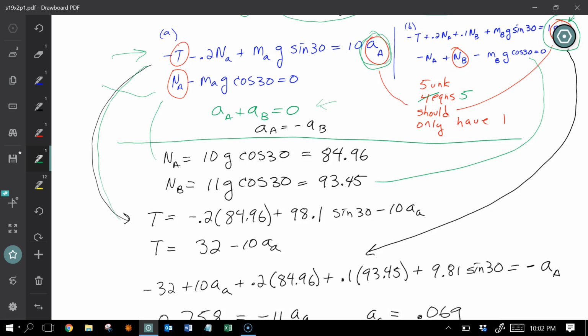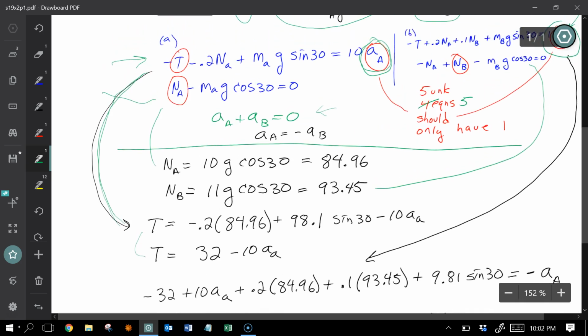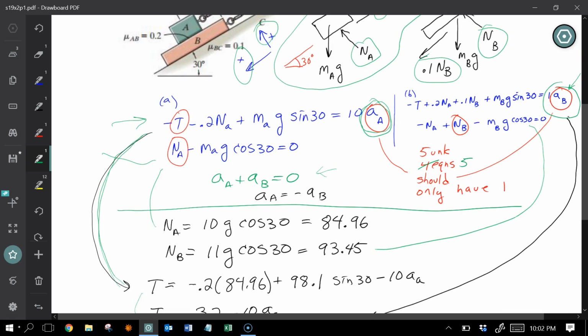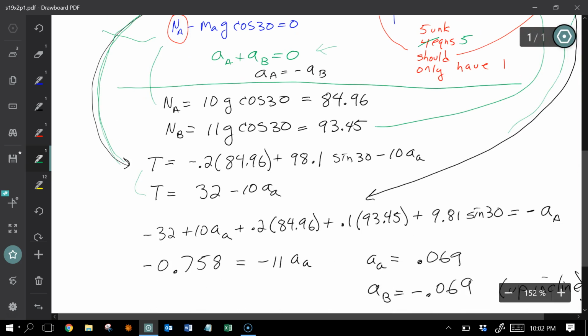Then I bring down this blue one here. So I bring him down, solve for t, and then just a little bit of algebra, simplify it a little bit. Then what I'm going to do is I'm going to bring down this other equation, this one. I'm going to bring him down, and I'm going to plug in for the t.